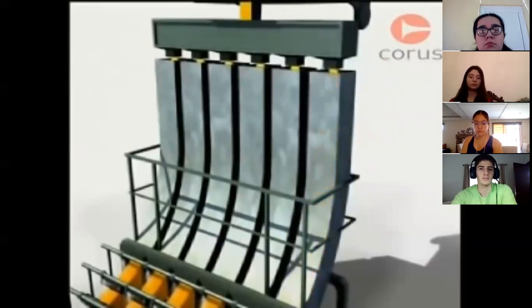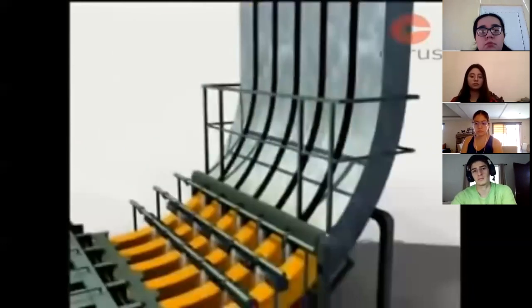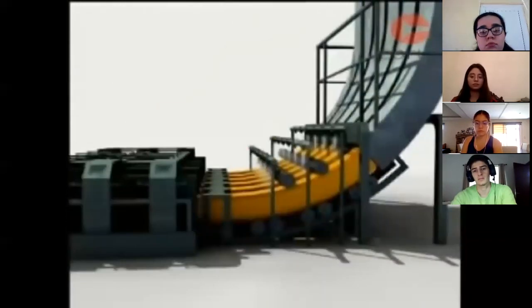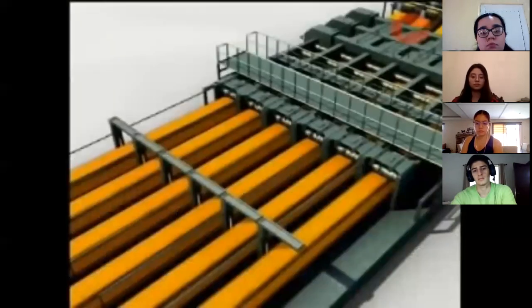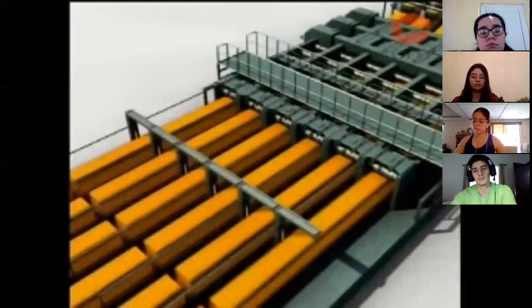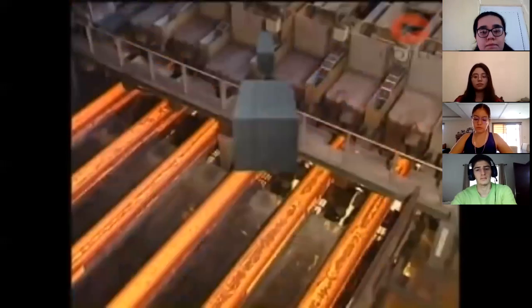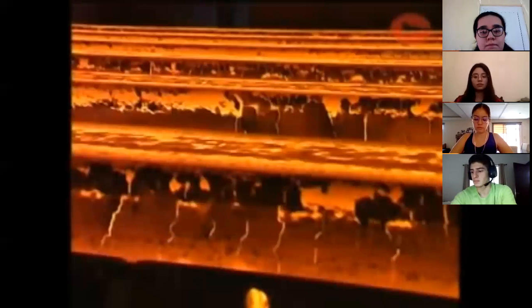With only the outer shell solidified, the steel is drawn from the bottom of the mold through a curved arrangement of support rolls and water sprays. It emerges horizontally in the form of a solid steel strand. At this point, it is cut to length using automatic gas burners. Depending on their size, these solid shapes are called billets, blooms, or slabs, and are now ready for shaping into finished products.